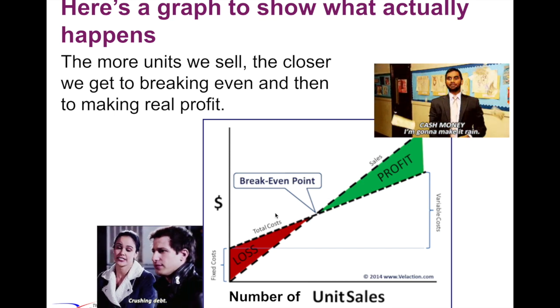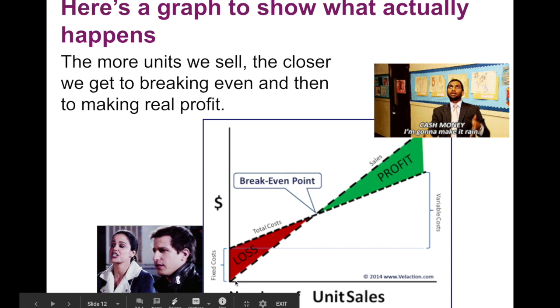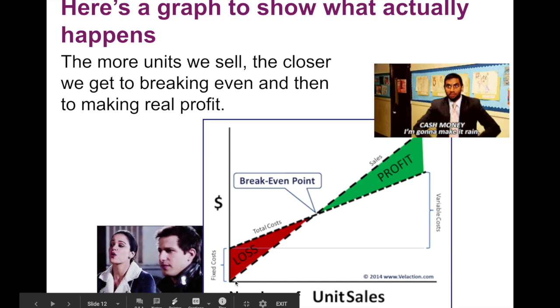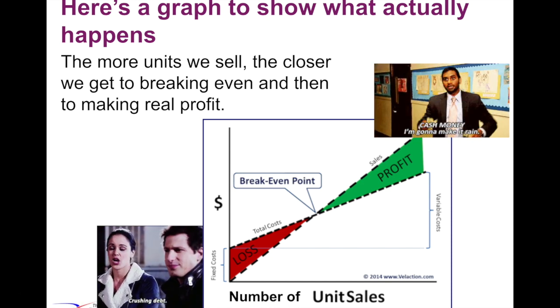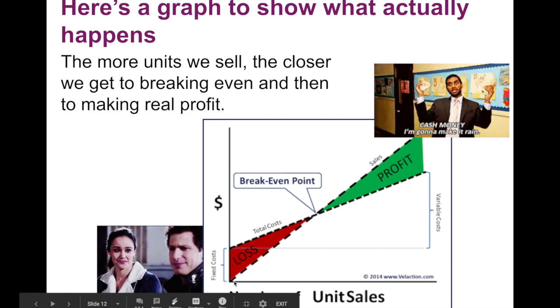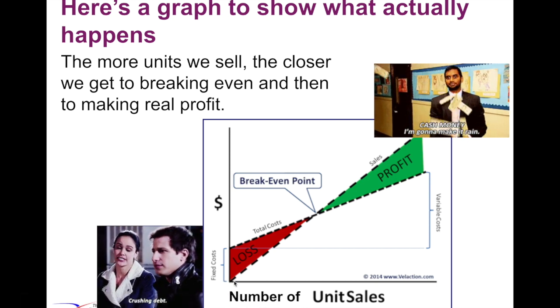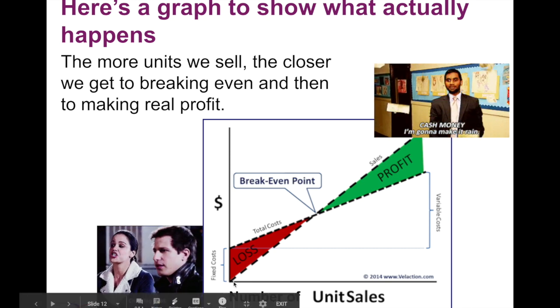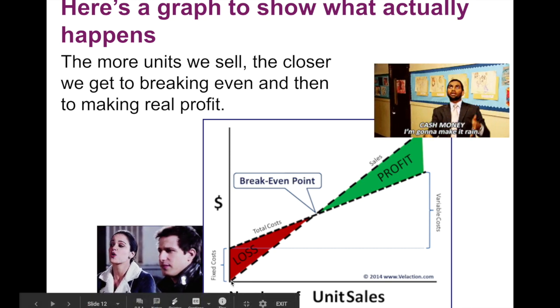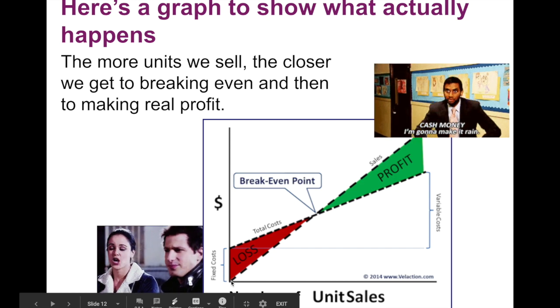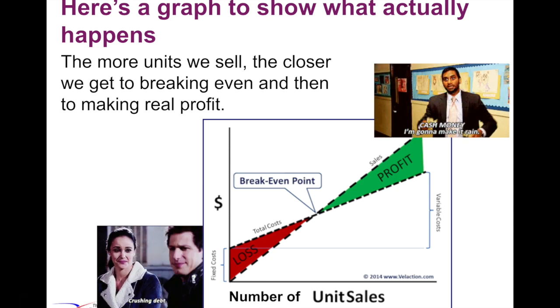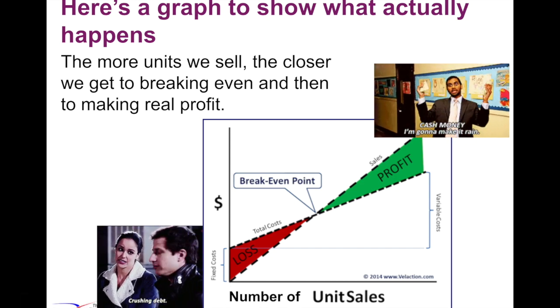Now, it's not all doom and gloom, because every unit we sell, we make money on, right? And that's called sales revenue. Our price is going to be higher than our cost. That's the only way we can make any money. And so what that means is that we're going to make money faster than we spend it. And the goal is to sell enough to make profit.